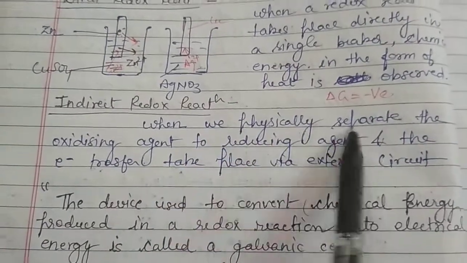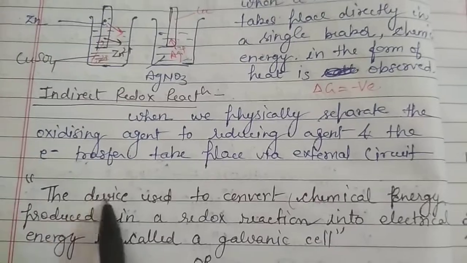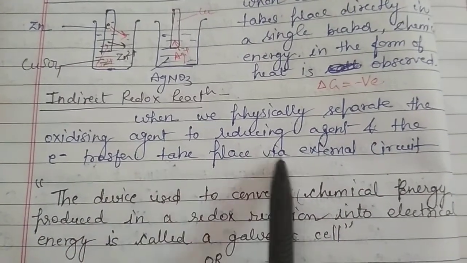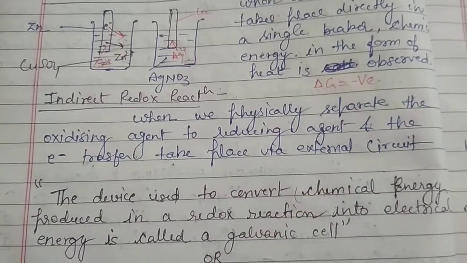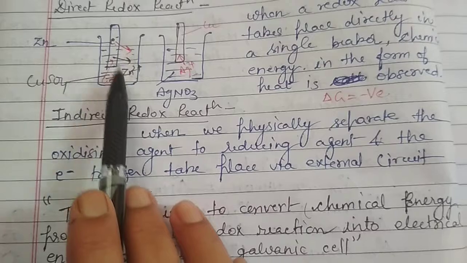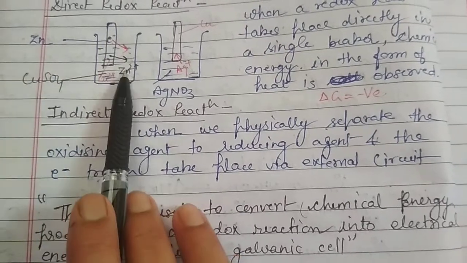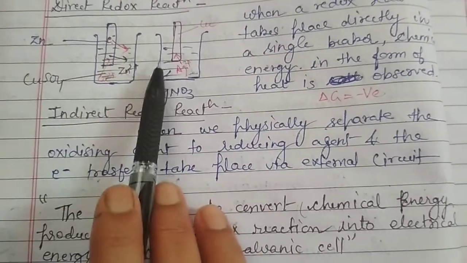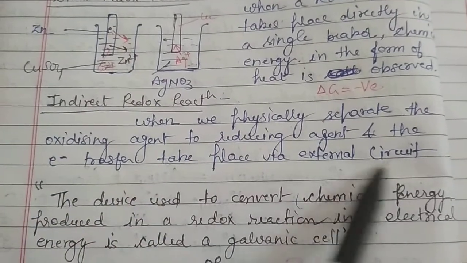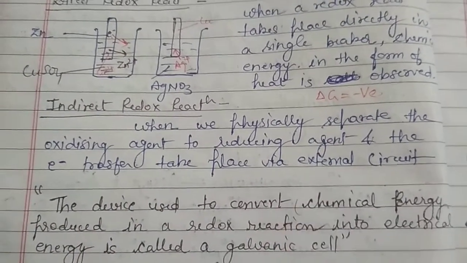So when we physically separate the oxidizing agent from the reducing agent, the electron transfer takes place via an external circuit. Here the electron transfers within the single beaker, but when the same process is done by an external circuit and the electrons are transferred through it, electricity can be produced.